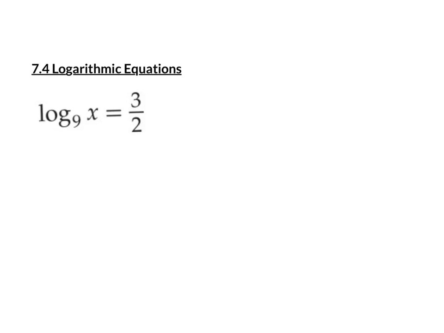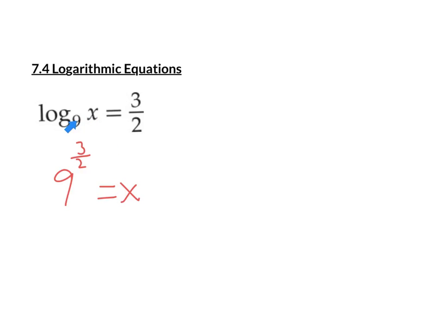So what is the exponential form of this? 9 to the 3/2 equals x. Correct. So my first move, whenever there's only one log, is to write it in exponential form. Now, in this particular problem, it's just a matter of simplifying this to find out what x is. The x doesn't have to be here.